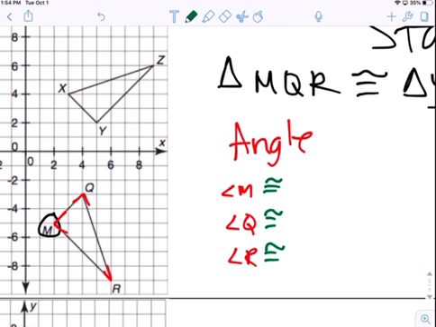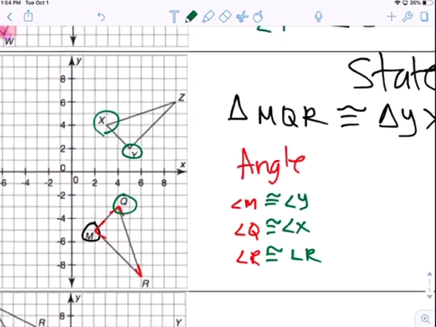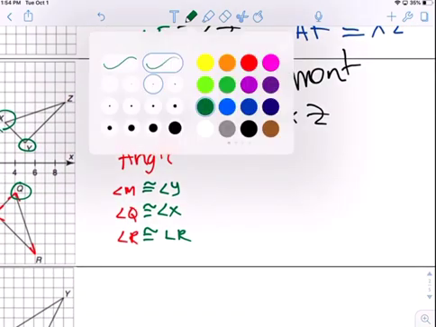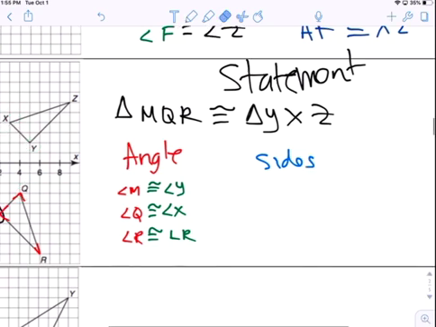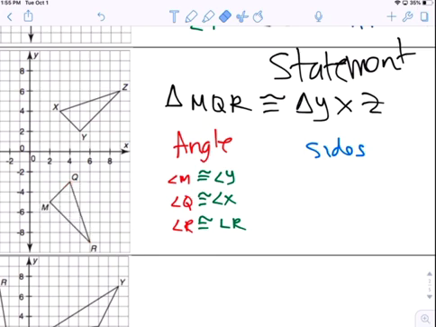The angles are congruent to: M is Y, angle Y. Q is X, angle X. And Z is R, angle R. The sides.